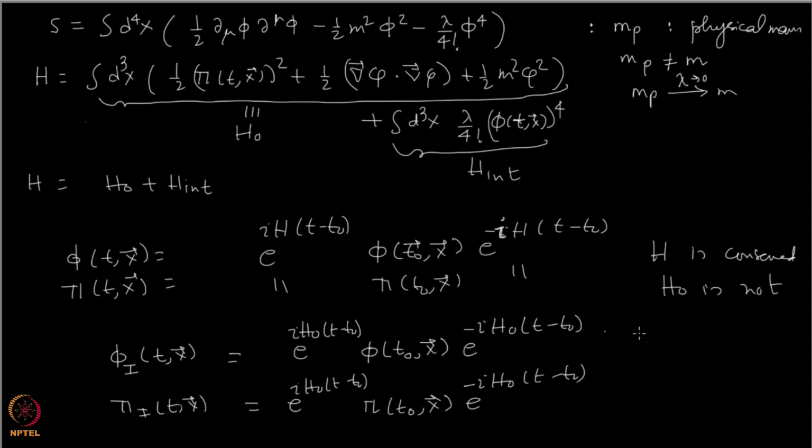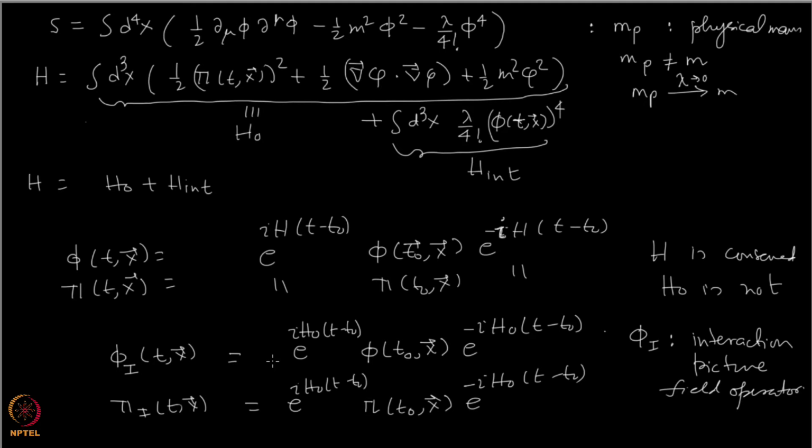So this phi I is called the interaction picture field operator. I stands for interaction. So this is my definition of phi I and pi I.